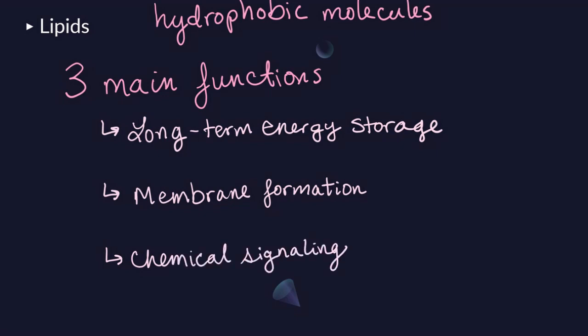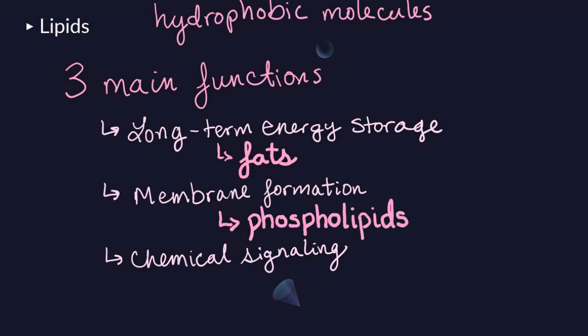Each of these functions is largely associated with a specific kind of lipid. Long-term storage is mostly associated with a type of lipid called fats, the one that most of you have probably heard of in some form or another. Membrane formation, though, is largely associated with a kind of lipid called phospholipids. And chemical signaling is largely associated with steroids, another type of lipid.